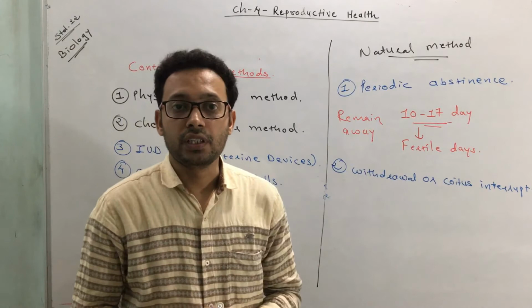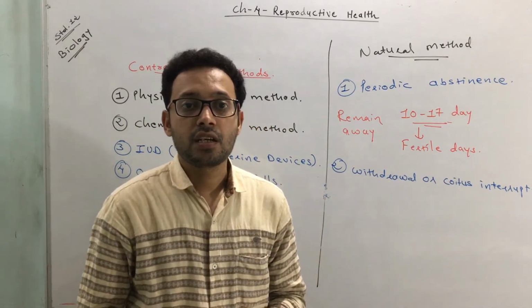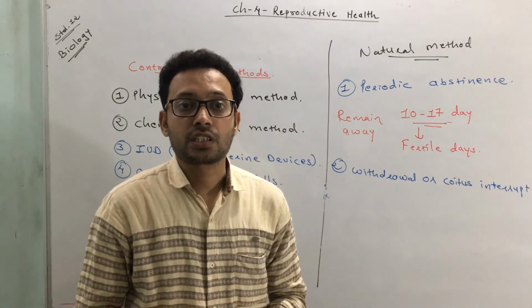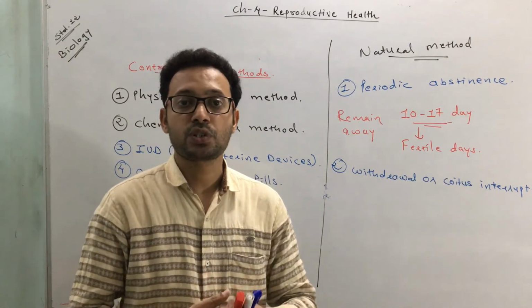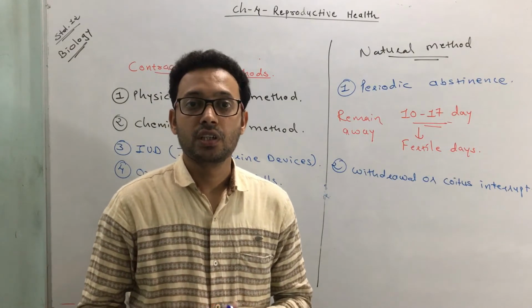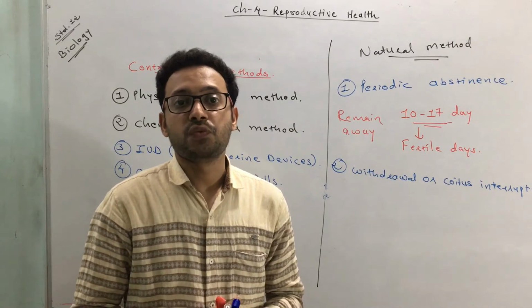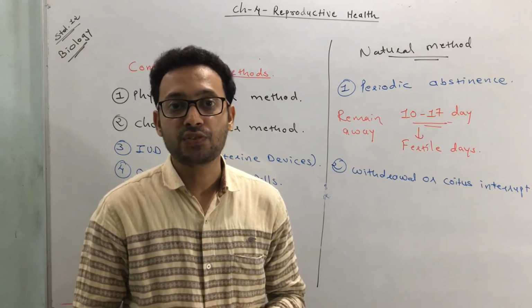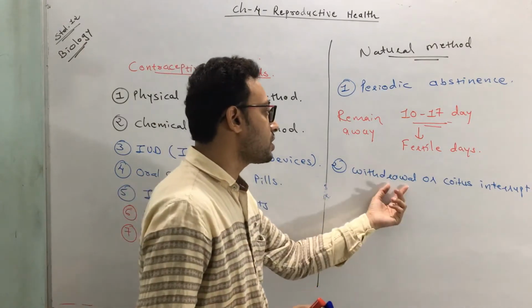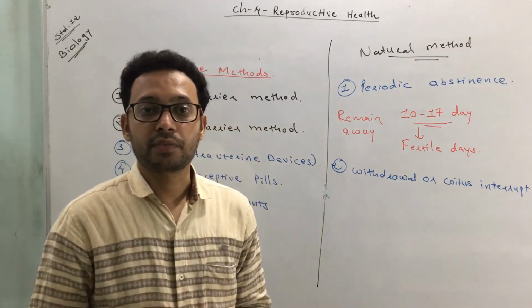In withdrawal, the male partner withdraws his penis from the vagina just before ejaculation, meaning the release of semen. That process is called ejaculation. So before the release of semen, the male partner withdraws his penis from the vagina. This is called withdrawal, or it is also called coitus interruptus.